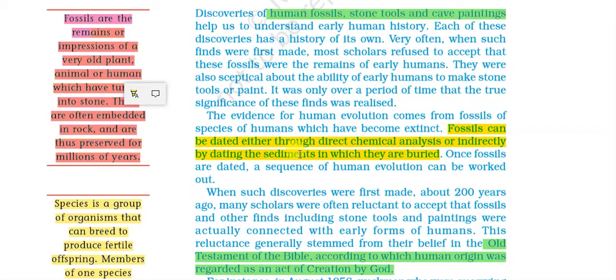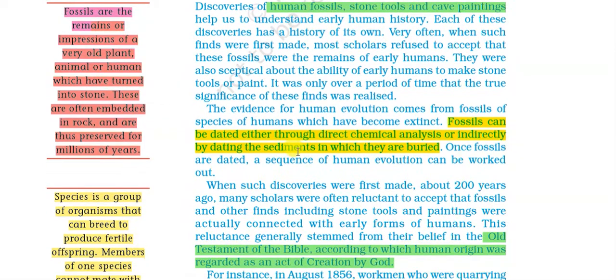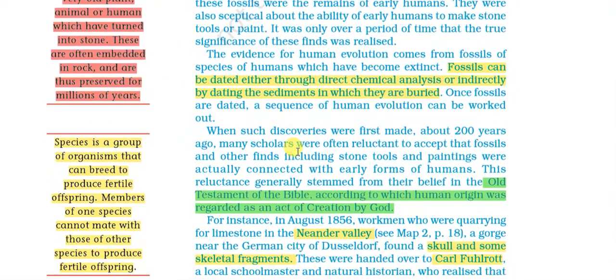These are the two methods through which we find how old the fossils are. Either you do a chemical analysis and find out the age of the rock, or you indirectly analyze how old the sediments are that made that rock, and then you know that the fossil is so many years old. Again, for a one marker, the yellow highlighted part is very important.